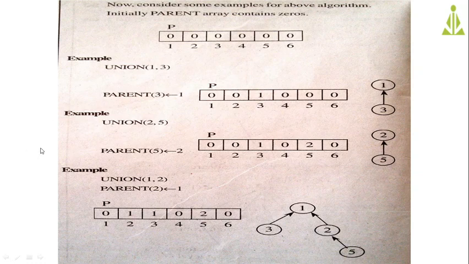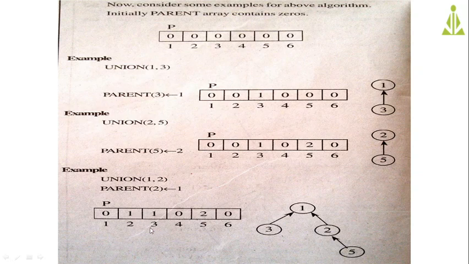So we can easily identify which one is a leaf node and which one is a root node. How will you represent this? First, 1 is a root node, and 2 and 3 have 1 as parent.